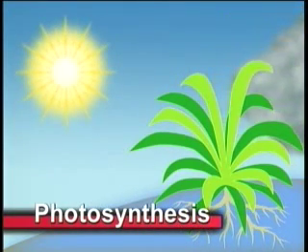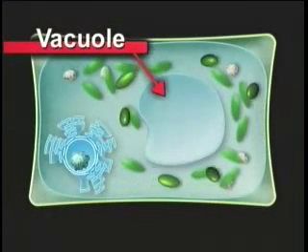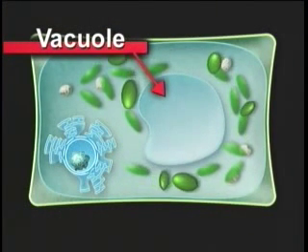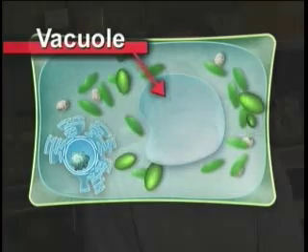And then there's one other structure that's extremely important that is largely unique to plant cells, and that's the vacuole. The vacuole is where water is stored. This ability to store water, to regulate water, is one of the things that makes plant cells able to respond so rapidly to the environment. Very quick motions are centered around changing water distribution in plants.